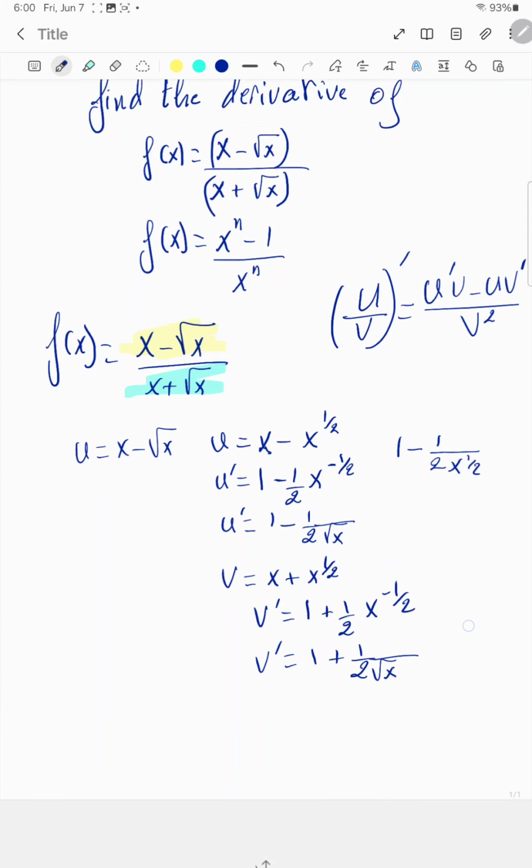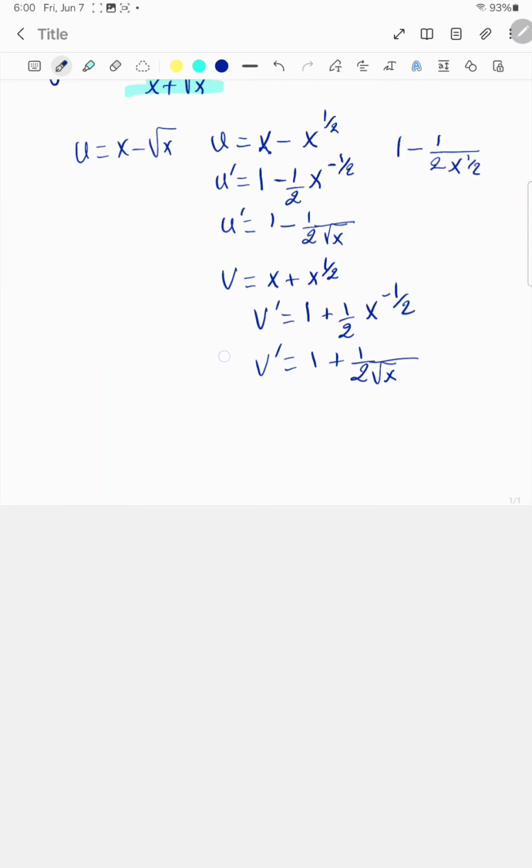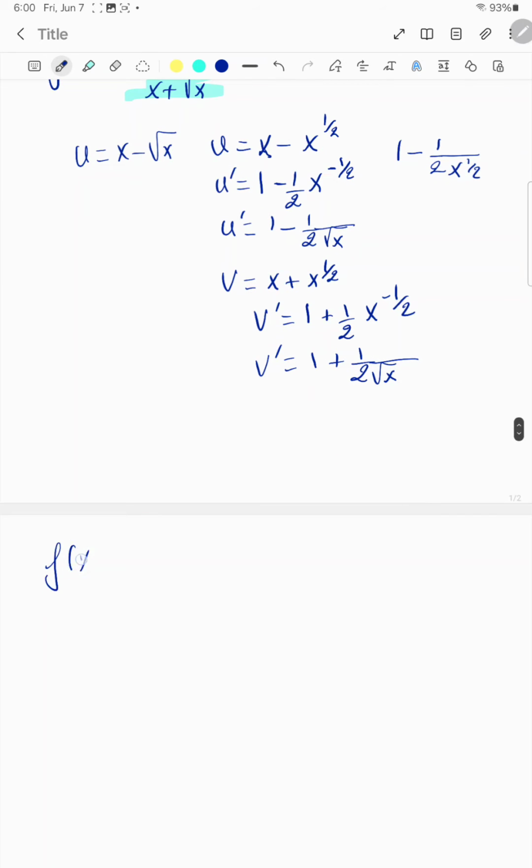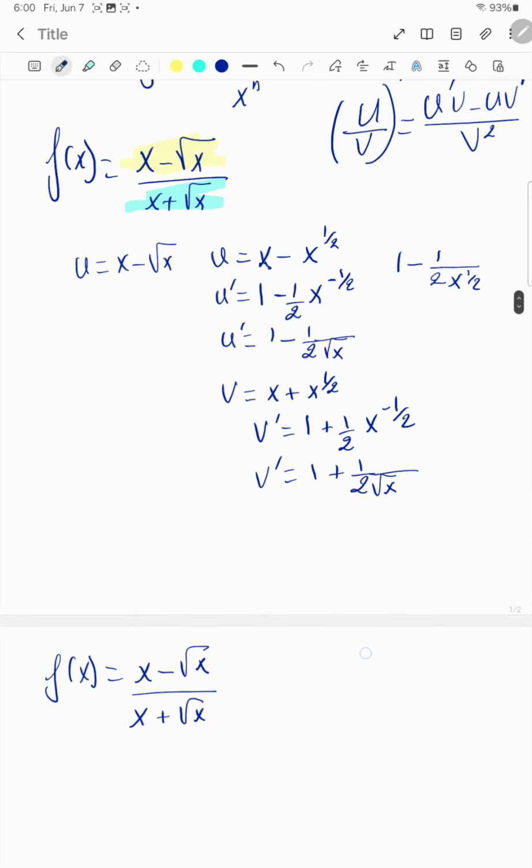So if I apply this formula, I had f of x is equal to x minus square root of x divided by x plus square root of x.